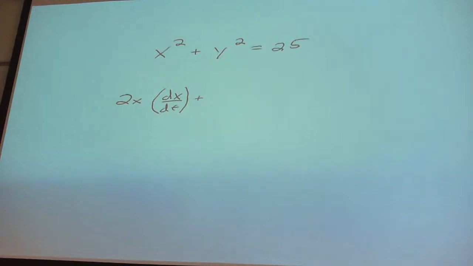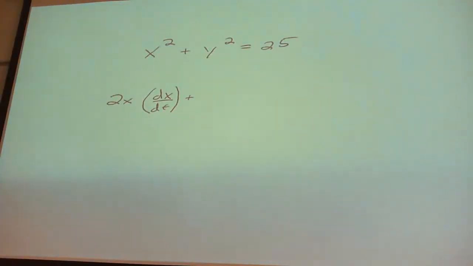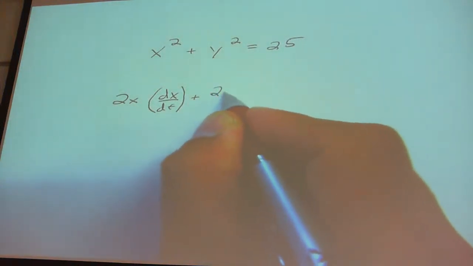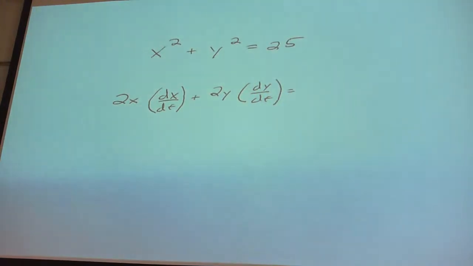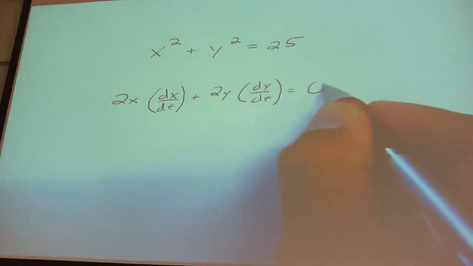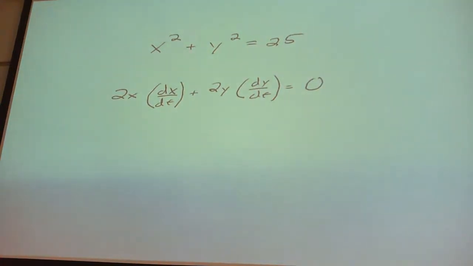Plus, what's the derivative of y squared? 2y, times the derivative of y with respect to t. Then, what's the derivative of 25? 0. Stop there. Now, this is what I'm trying to get to. And we're doing 3 examples.